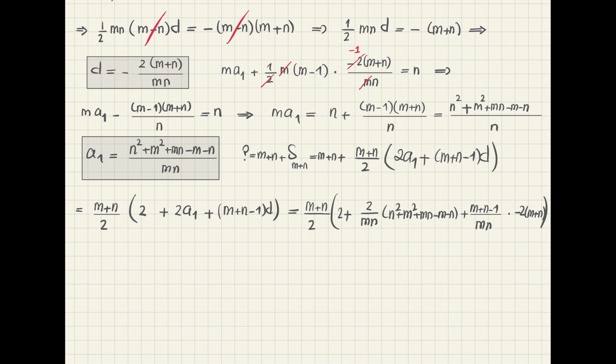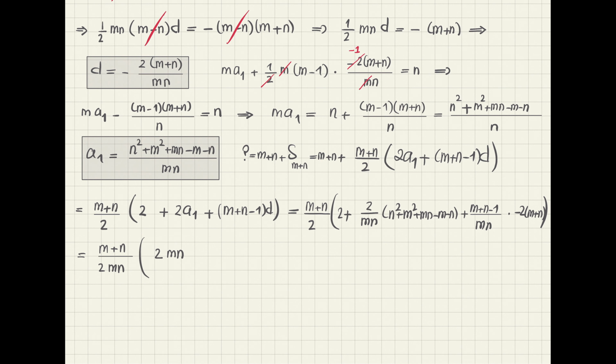The reason I wanted to do this is because I also want to factor 1 over mn out. Of course these are not mandatory things, you can just do it according to your taste. So I'm just factoring mn out. What is left from the first term becomes 2mn. Why?